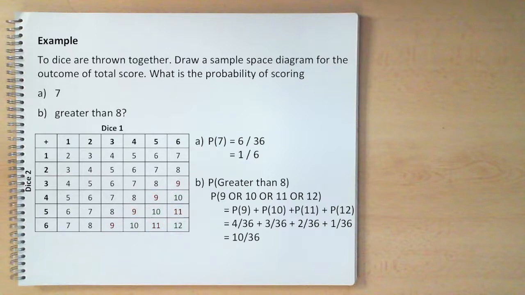Many board games rely upon you throwing two dice and getting the score. So it's worth knowing what the probabilities of each score are, because that might help you play the game. Certainly if you play the game backgammon, understanding different probabilities of different dice throws are critical to being a good player. You can sometimes defeat the luck that dice have by having a good understanding of the probabilities of each score occurring.